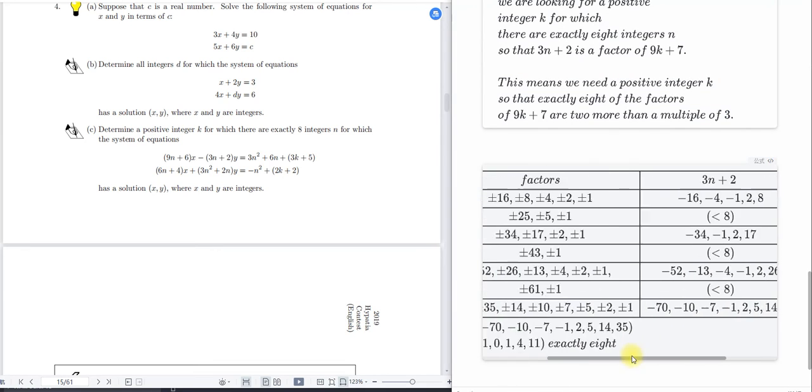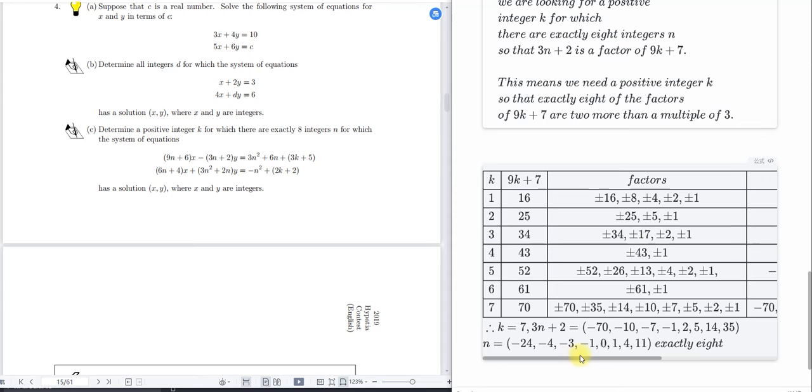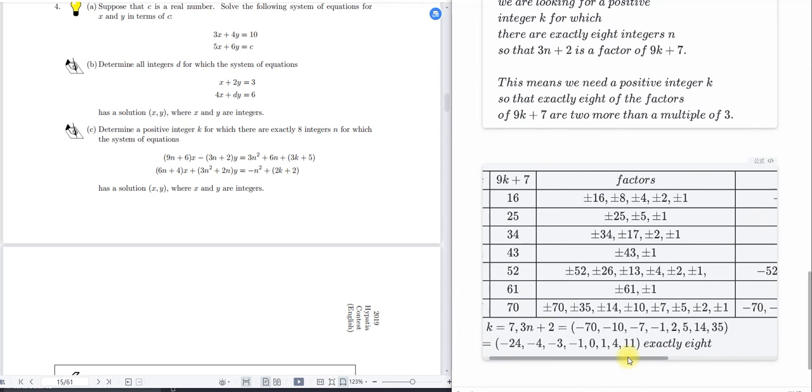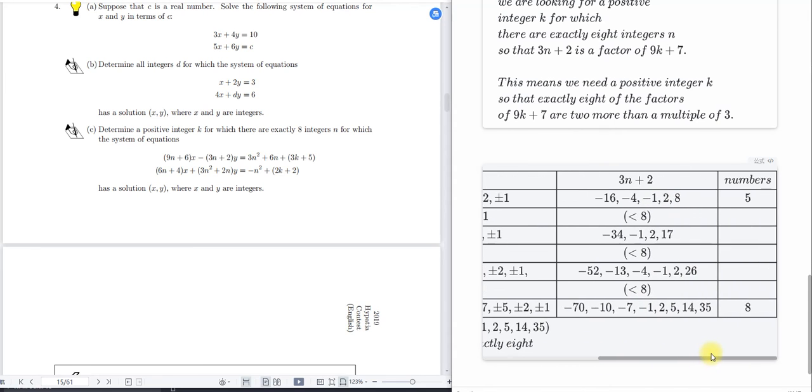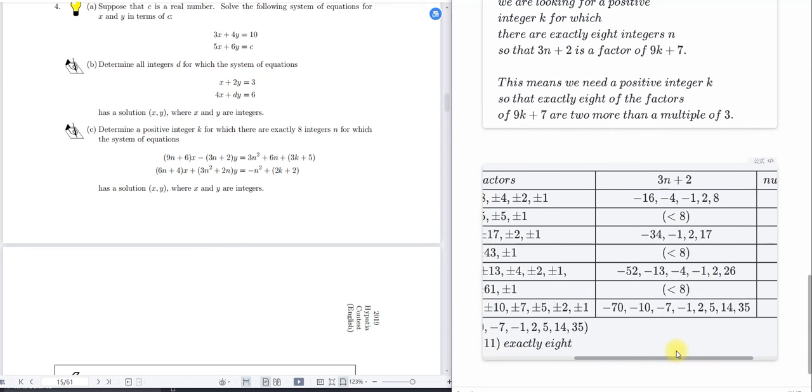Okay, we start with k equals 1. We have these factors. There are 1, 2, 3, 4, 5. 5 is less than 8.